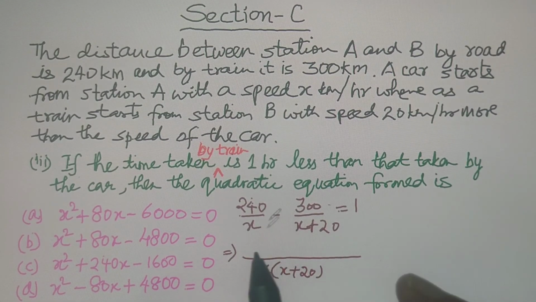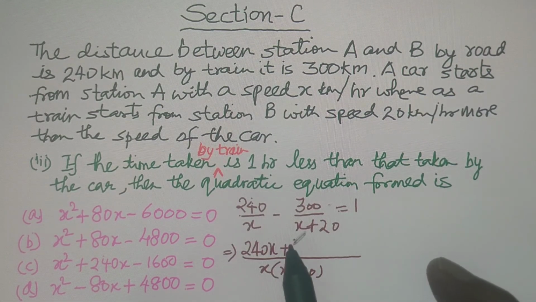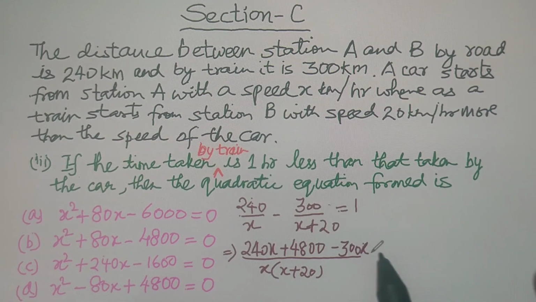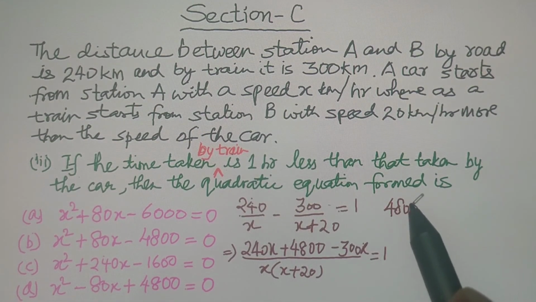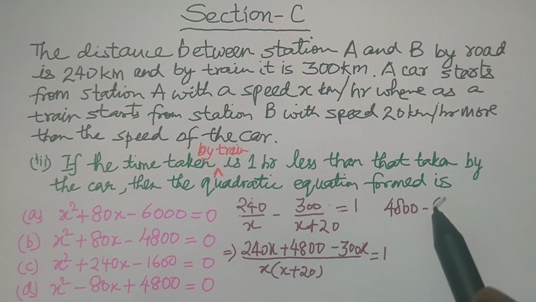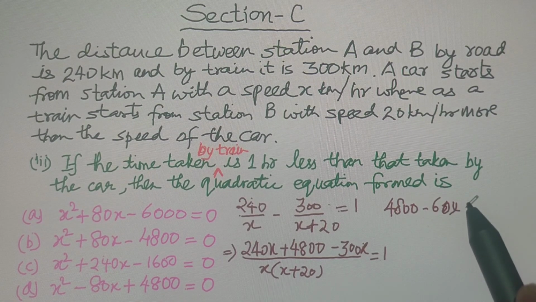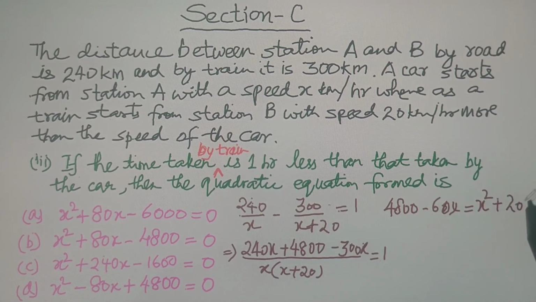The denominator is going to be x upon x plus 20. If you cross multiply, you get 240 into x is 240x, 240 into 20 is 4800, and 300 into x is 300x, equal to 1. Solving further, we get 4800 minus 60x equal to x square plus 20x.